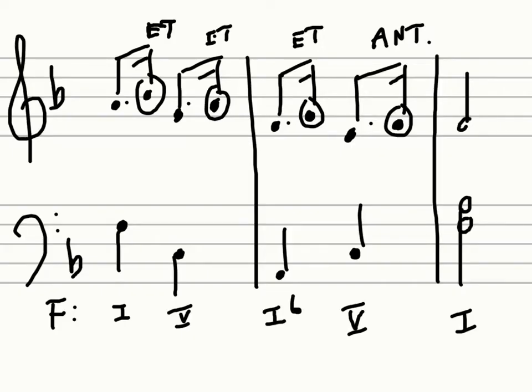At the end of the example for the escape tones, I wrote an anticipation. Note that we've got a 5 chord, leading tone E over here, dominant C over here, and I'm going to a 1 chord. The 1 chord will have F in the melody. I get to the F early before the 1 chord comes in. I'm anticipating the 1 chord.